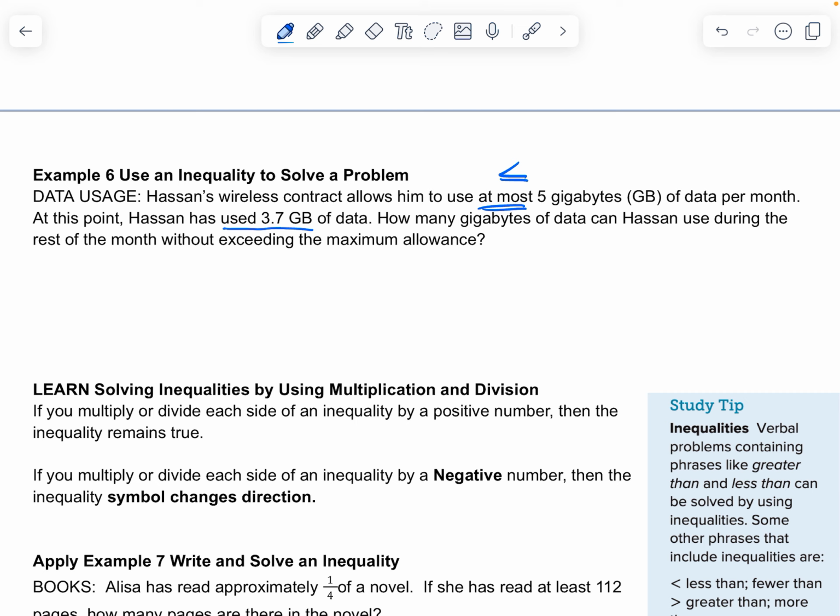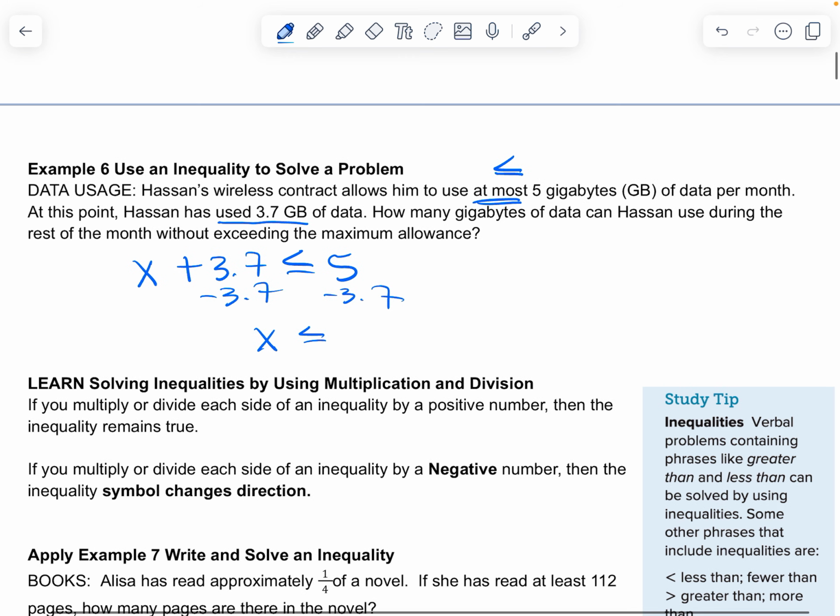Okay, so he's already used this amount. He's got more to add to it, but it can't go over 5 gigabytes. So then you solve it. And that's going to be what? 1.3? So x is less than or equal to 1.3 gigabytes.